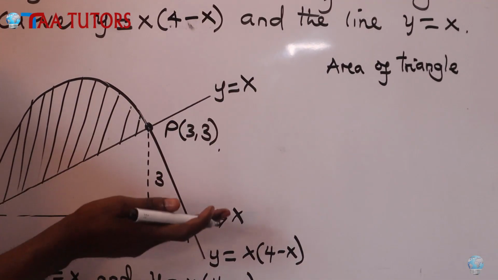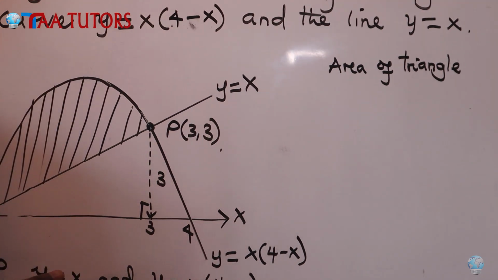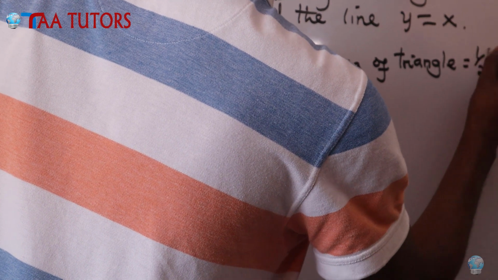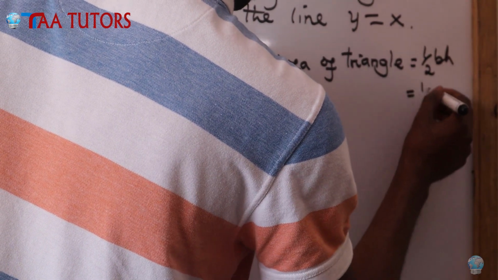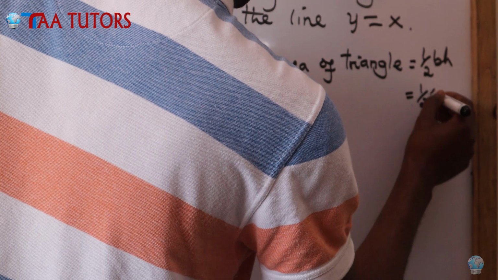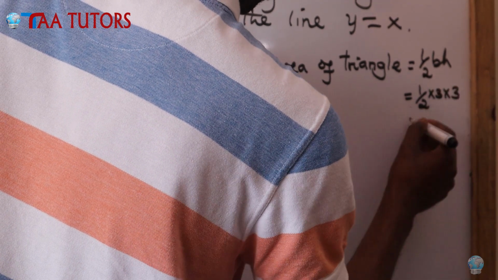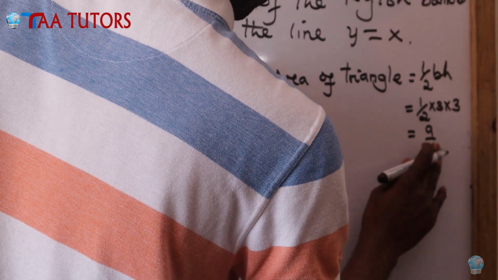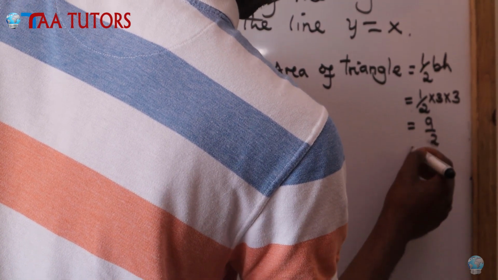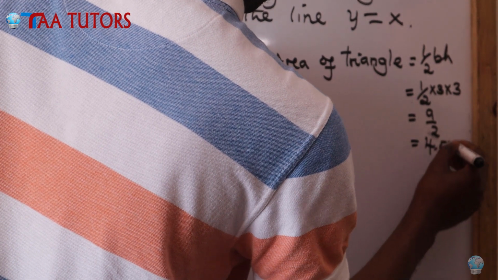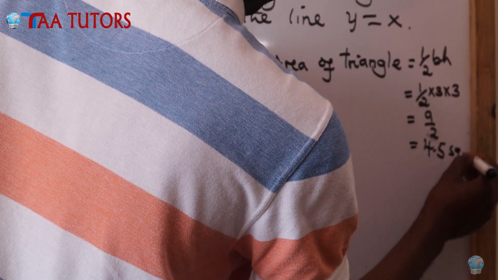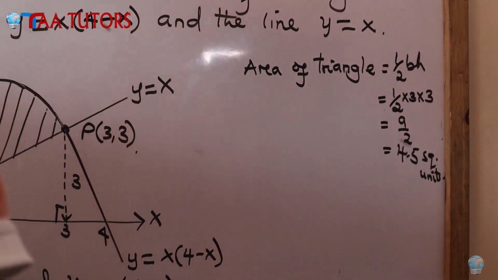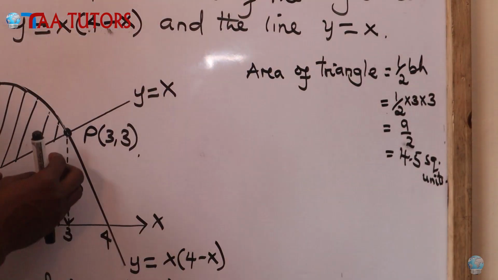You can still get it by integrating, but that is going to take more time. So the area of the triangle is a half BH, which equals a half times 3 times 3. That is actually going to be 9 over 2, sorry, 9 over 2, which is the same as 4.5 square units. That is the area of this triangle here.